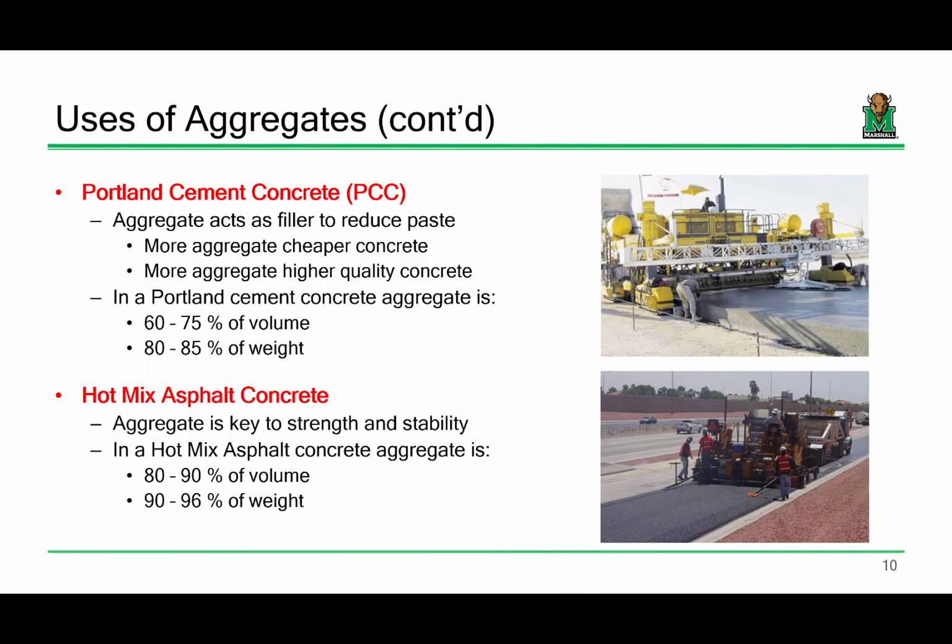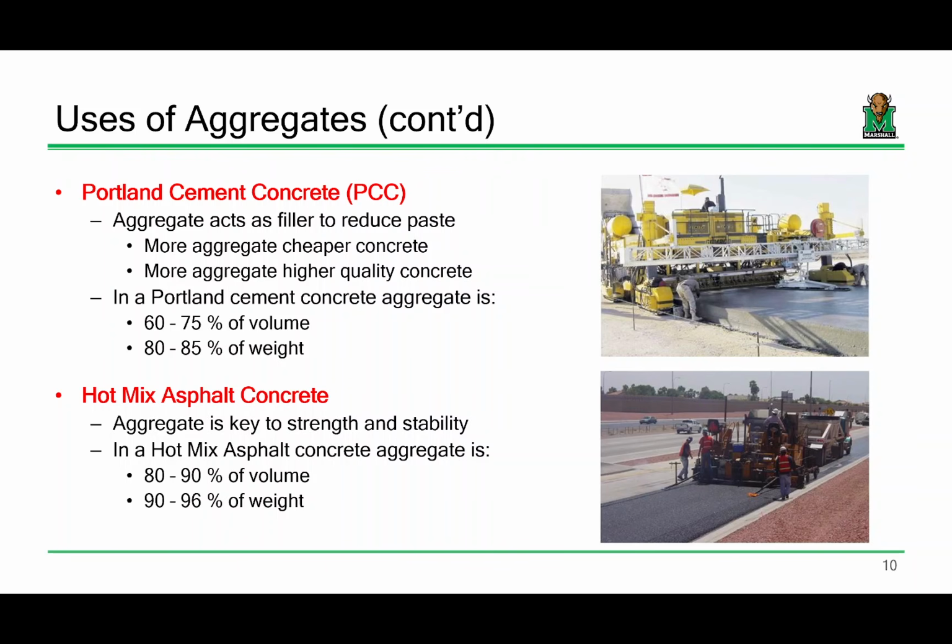But in terms of volume and weight, aggregate is the star of the show. In a typical Portland cement concrete, the aggregate consists of about 70-something percent of the volume and about 80-something percent of the weight. And in hot mix asphalt, it's even more. The aggregate is by and large the star of the show for volume and weight.